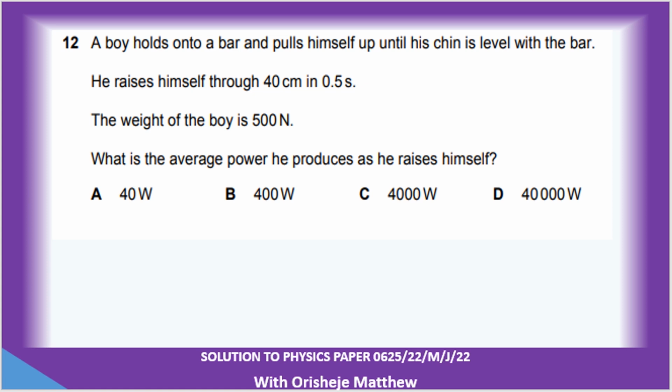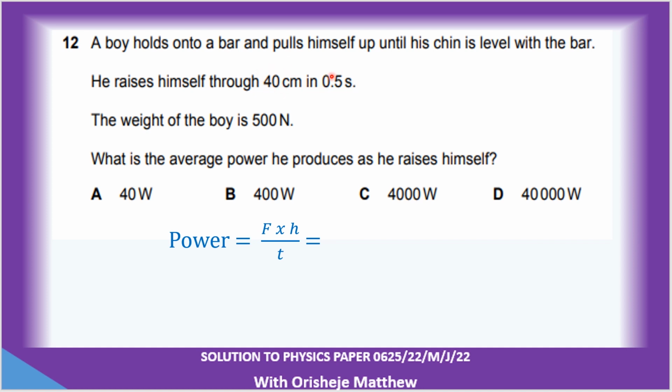What is the average power he produces as he raises himself? So what is power? Power is energy divided by time. So the weight times the height divided by the time. So now this is the weight, which is the force. Then this is the distance, but we have to convert this one to meter, which is 0.4.